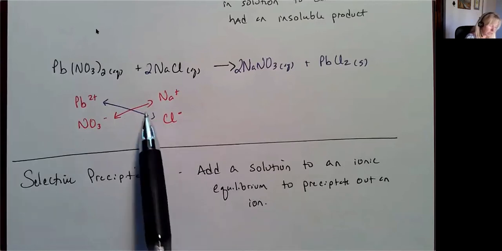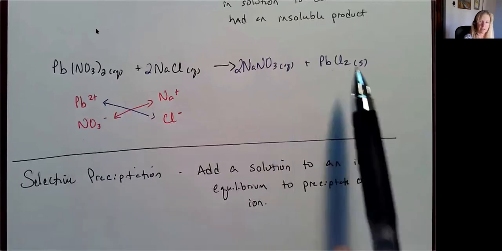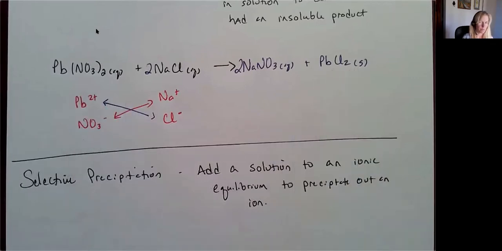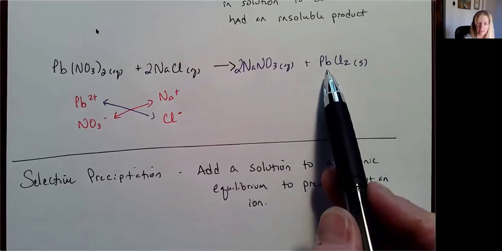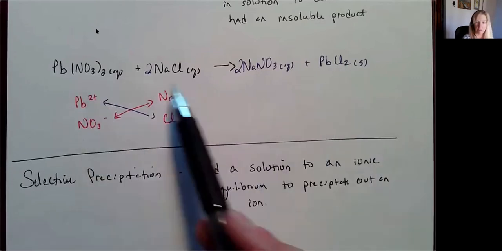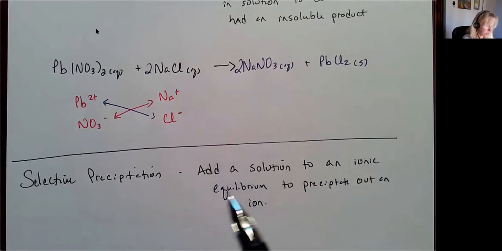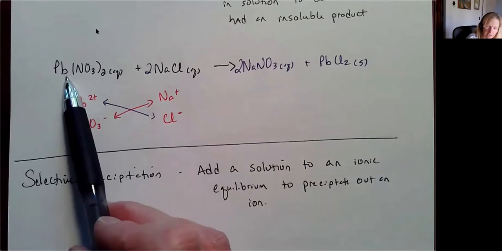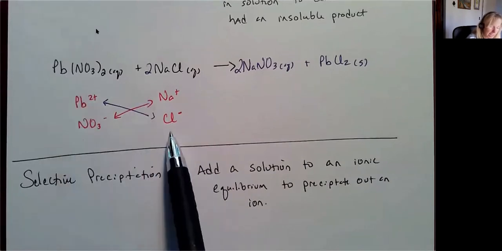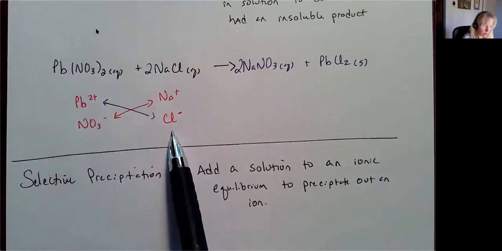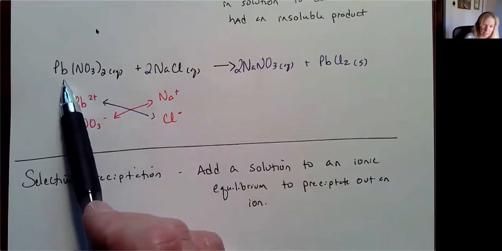Because once I precipitate this into a solid, I can spin that test tube down, I can pull off my supernatant, and my liquid is no longer going to contain any of those lead ions because they will have all precipitated out. The trick is that I have to add an ion that's going to precipitate the ion I want to remove, and I have to add this in sufficient quantities to remove all of that lead ion.